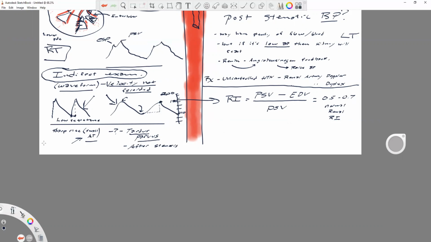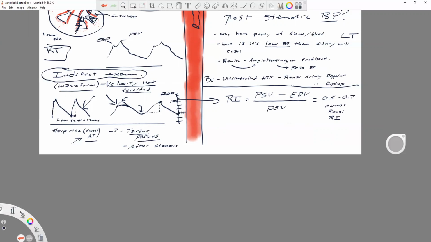So that's one part. I guess I should have said that the resistive index is also looked at. The thing is, though, with tardus parvus, your resistive index will actually go down. Wait a minute, why is it going down? Well, it's actually because peak systole is muted.